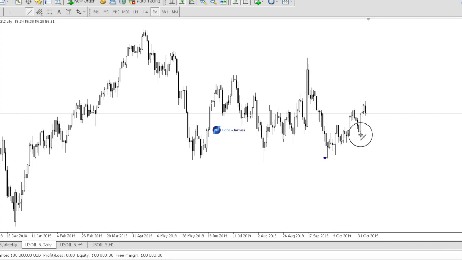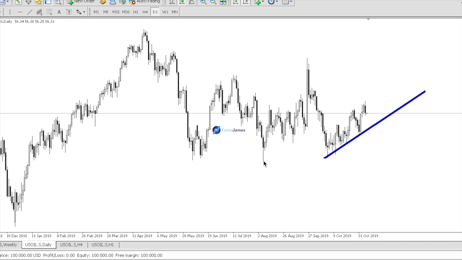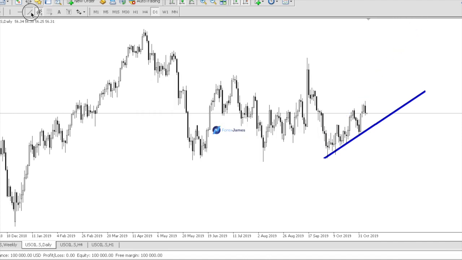Nice, a channel. This may be an ascending broadening wedge forming, or simply just a channel, parallel, something like that.